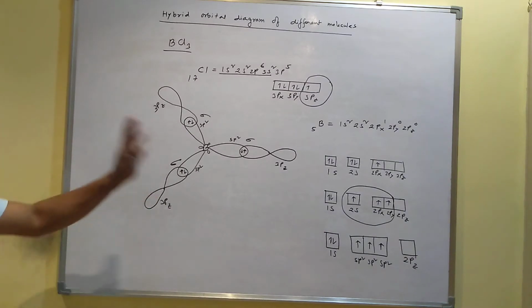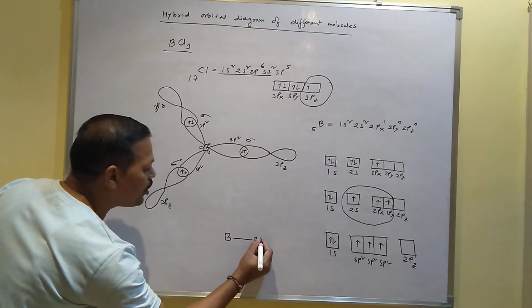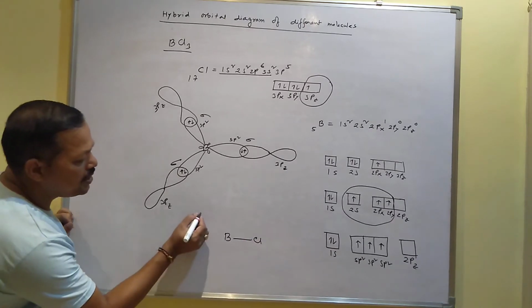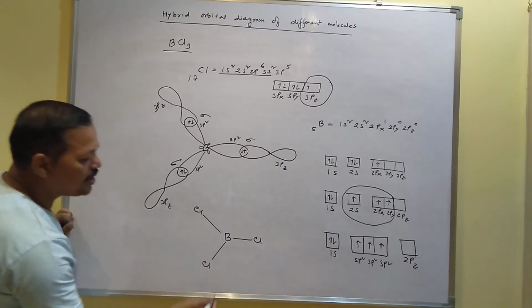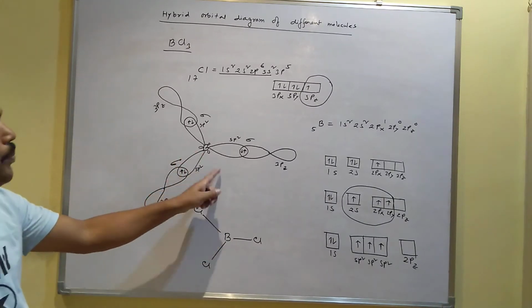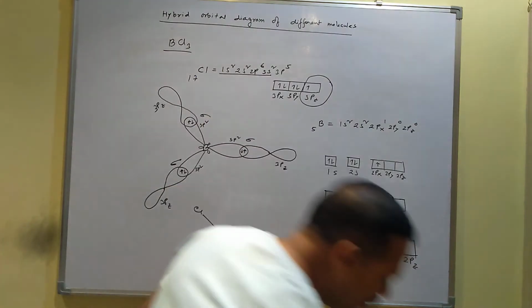That means in the shape of boron trichloride, this side one boron-chlorine sigma bond, this side one boron-chlorine sigma bond, this side one boron-chlorine sigma bond, and this is called the hybrid orbital diagram of the BCl3 molecule.